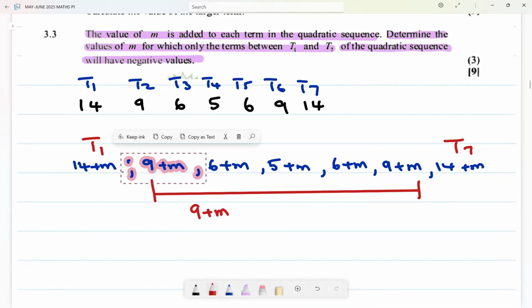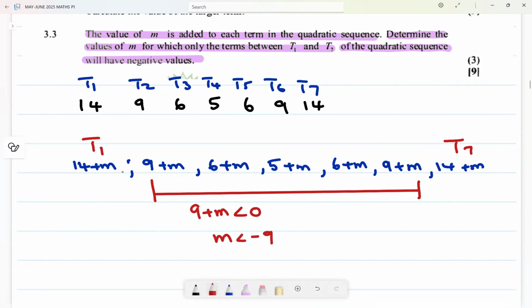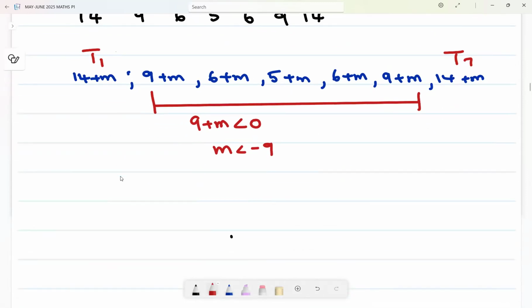For this term to be negative, the value should be less than 0. If it is less than 0, it means m should be less than negative 9. Let's check what happens. Let's take a value that is less than negative 9, let's take negative 10.